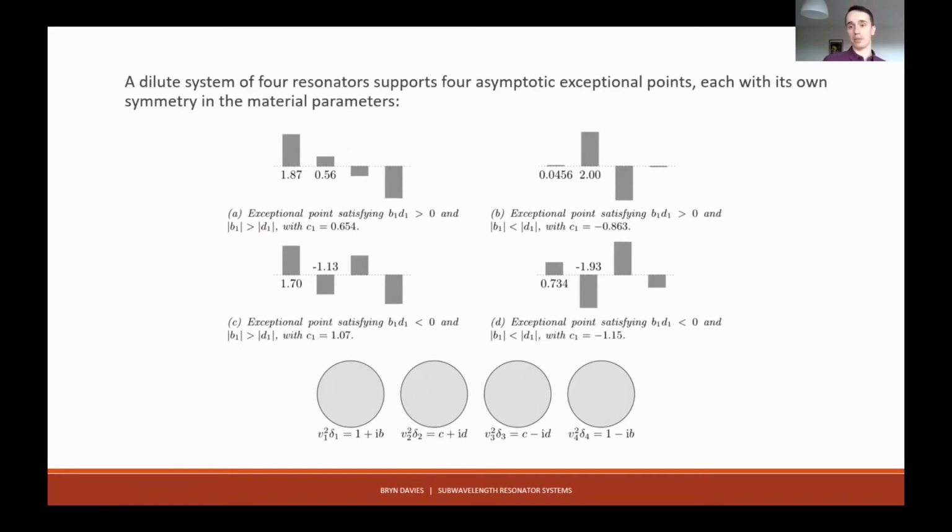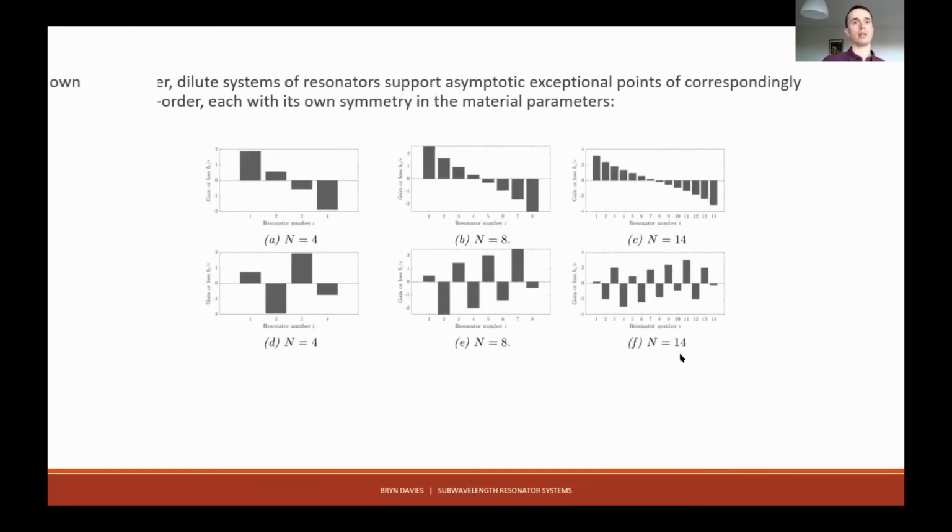The nice thing to observe here is that each one has a different underlying symmetry. This symmetry pattern continues to even larger systems. If we take A and D and continue these to larger systems, we see that even in much bigger systems of 8 and 14 resonators, there exist asymptotic exceptional points with the same symmetry.